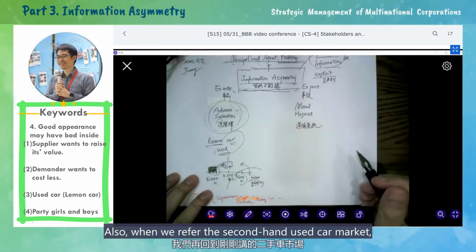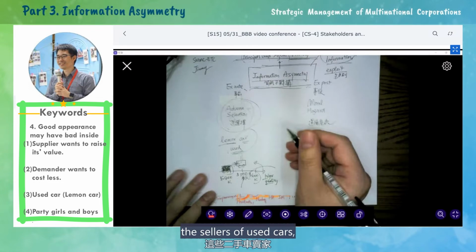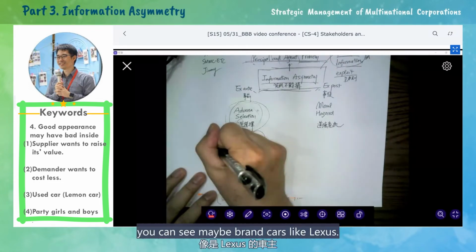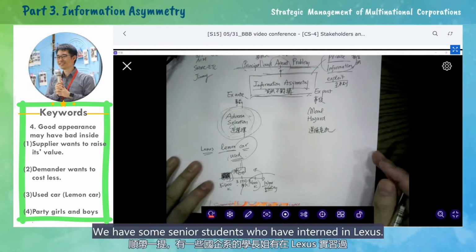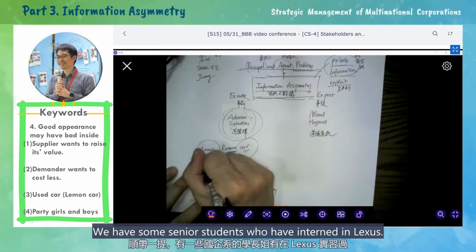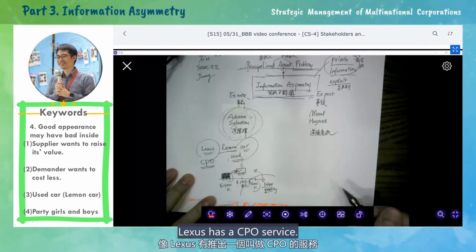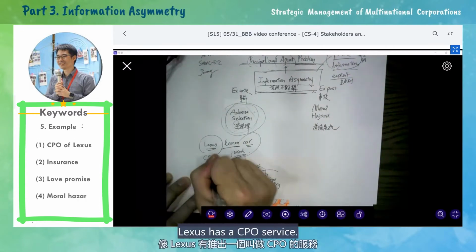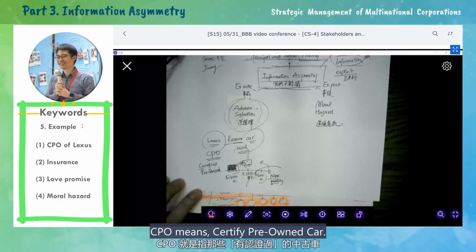When we refer to the second-hand used car market, the sellers of used cars include many brands like Lexus. We have some senior students who have interned at Lexus. Lexus has a CPO service. CPO is certified pre-owned car.